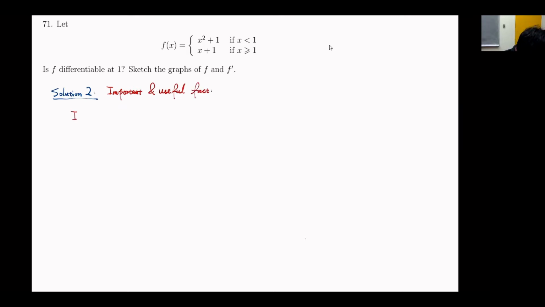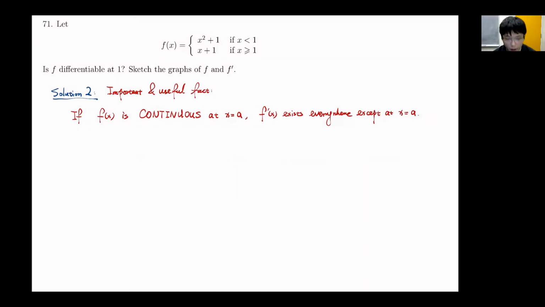So if f of x is continuous at x equals a, and moreover, f prime of x exists everywhere except at x equals a, then to decide if f prime of a exists, you could look at the left-hand limit of the derivative and the right-hand limit of the derivative.